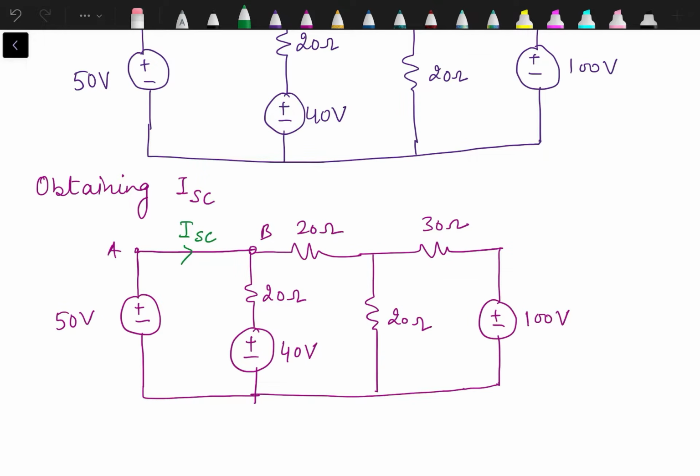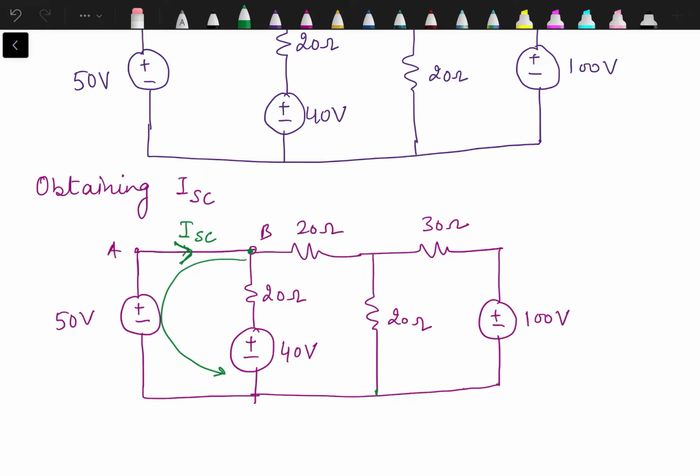Now in this problem, in order to find ISC, we can't apply nodal analysis since we don't know the resistance in this branch. Not unknown, it's basically zero, because we have only a voltage source in series with the short circuit.